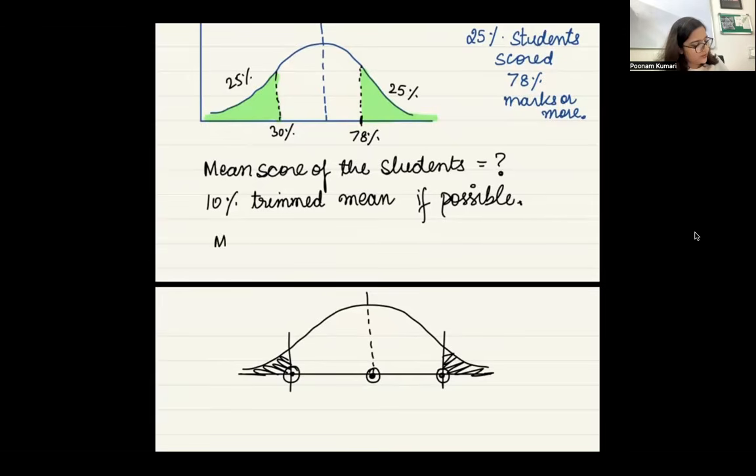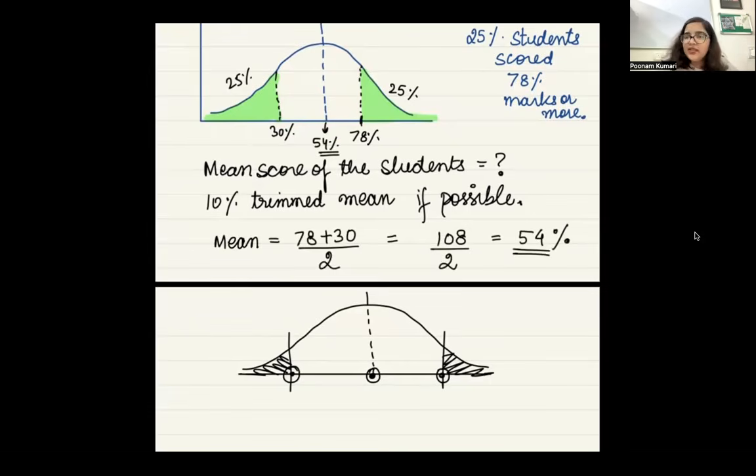So the mean score would be 78 plus 30 divided by 2, which is how much? This is 108 by 2, which is 54, right? So 54% is the mean score of students in this particular situation. Is that all right?